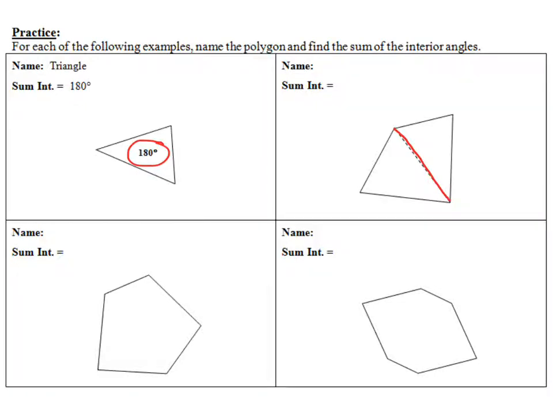That's the smallest number of triangles I can make, and each one is going to have 180 degrees. So therefore the sum of these angles is going to be 2 times 180, because there are 2 triangles, and therefore the sum of the interior angles for this figure, again, whose name you still need to write, is going to be 360 degrees.